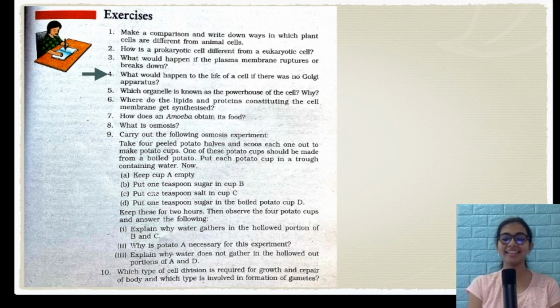And secondly, what are the other functions of the Golgi apparatus? They are the packers and movers, as I said: storage, packaging, modification, and transportation of proteins and lipids, so organic substances. All this will be interrupted. Now the main function of the cell itself depends upon the synthesis and transport of these substances.